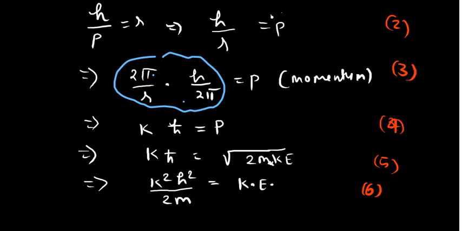So the de Broglie wavelength becomes K into h bar equal to p. So K into h bar is equal to the moving mass of the electron m into v. We can square it and we get the kinetic energy as k square h bar square upon 2m.